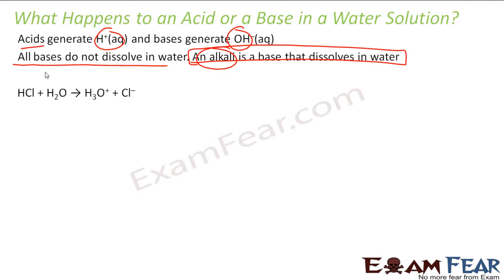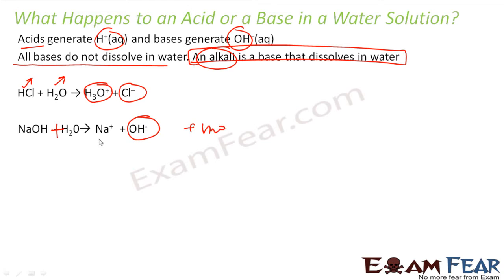So for example, this is the acid. Here we have put water. If you see that, what you have got is H3O+ plus Cl-. So in this case, you have got this H+ ion, right? This is the H+ ion here. In case of base, if you put base with water, you get OH- ion plus water.